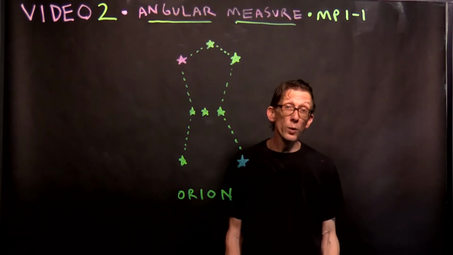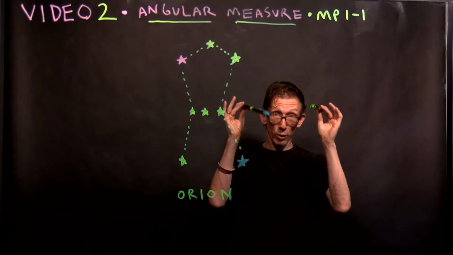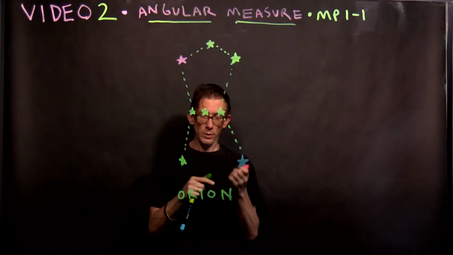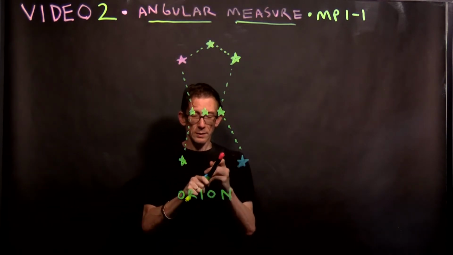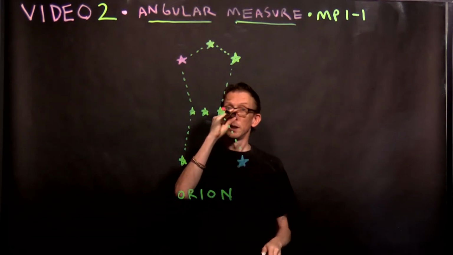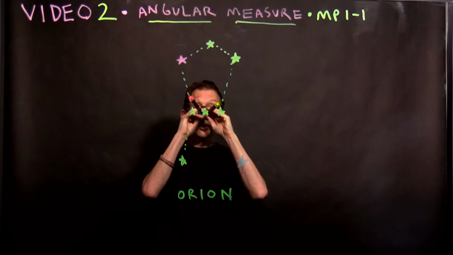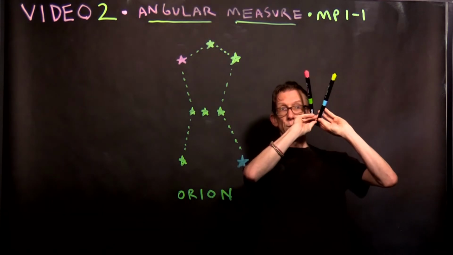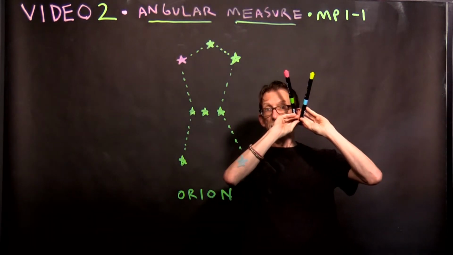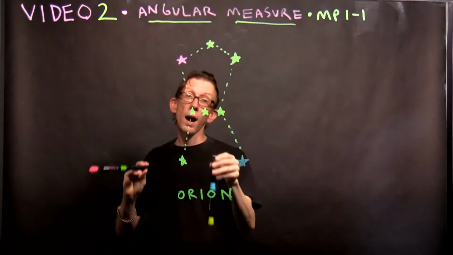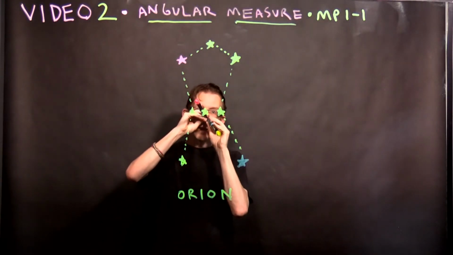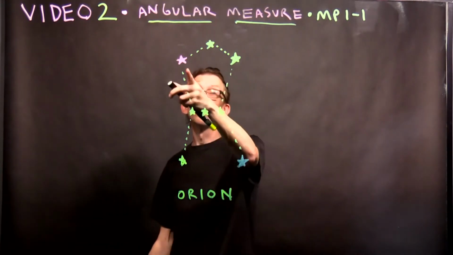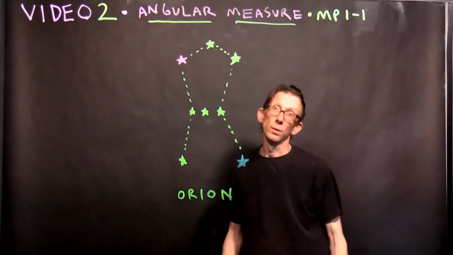What I imagine doing is taking two sticks like this, holding them on my nose and pointing one stick toward Betelgeuse, the pink one, the other stick toward the other star, and look, there's an angle there between the two sticks. Now, if I do the same thing with Betelgeuse and Rigel, it's a bigger angle. That's what we mean by angular measure. There's a certain angle of separation between these two.